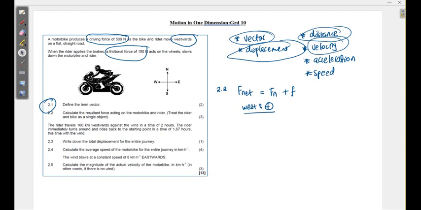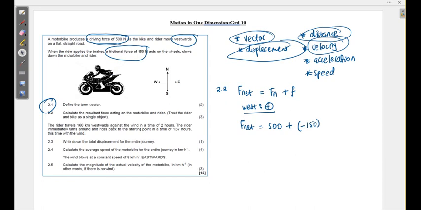Then from there, we're going to say our net force will be F applied, which is the driving force, is 500, and it's acting in the west. That's why I'm putting it as positive. And then friction always acts in the opposite direction, and that friction is negative 150.